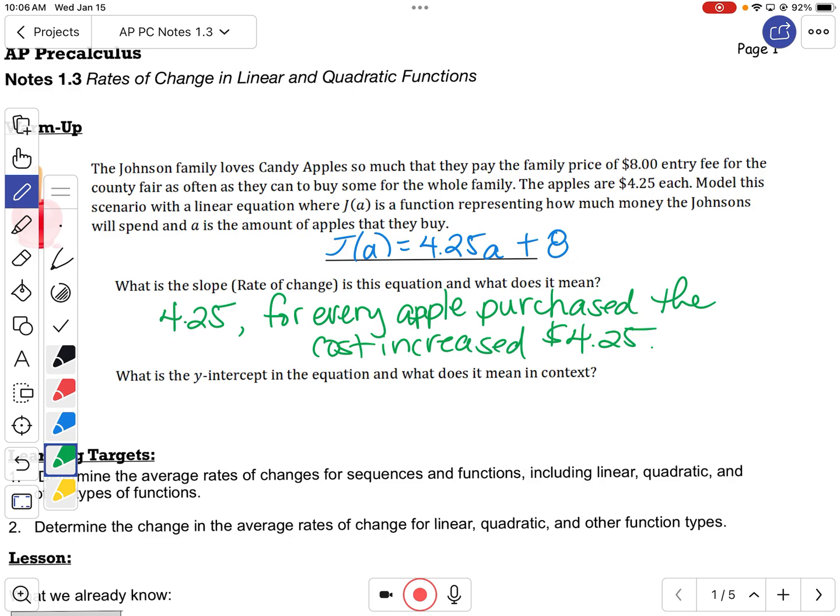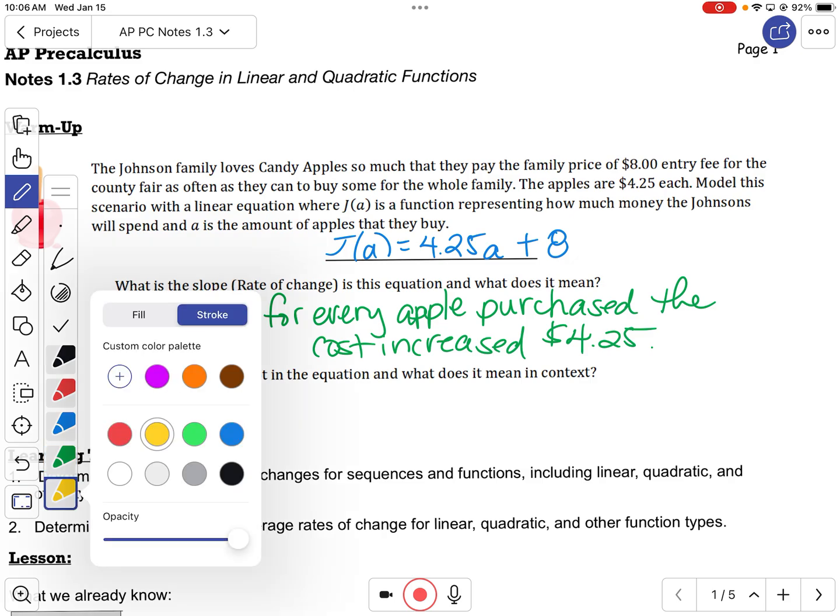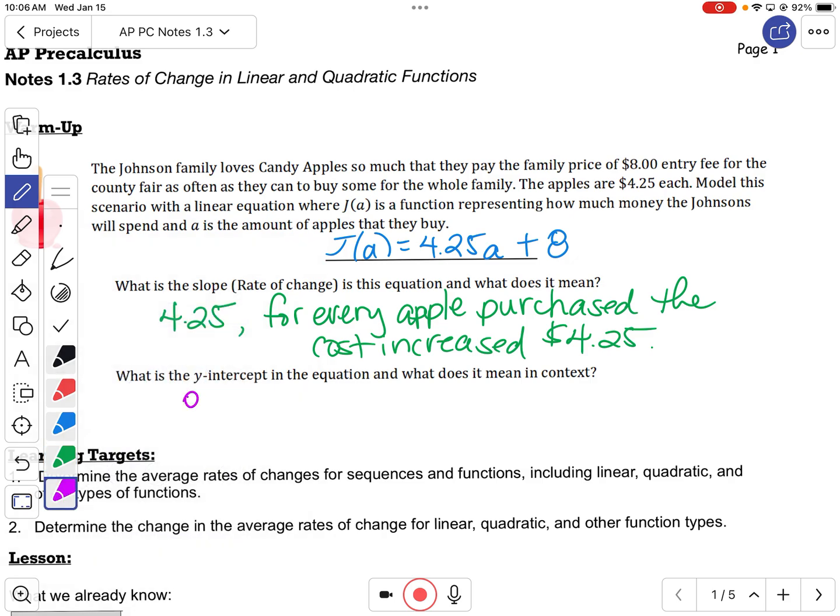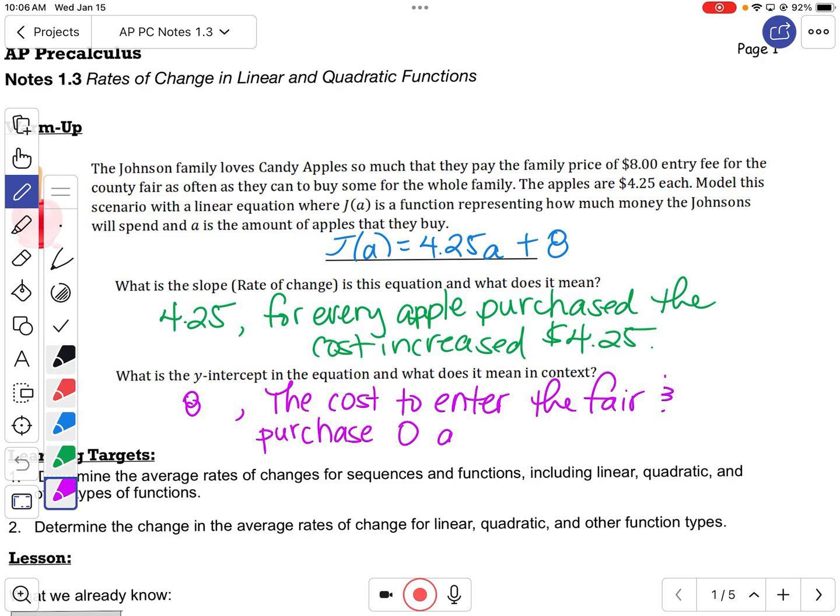And then that leaves our y-intercept to be 8. That's just telling me that this is the cost to enter the fair and not purchase an apple, or we could say purchase 0 apples. So just writing equations, nothing too terrible right there.